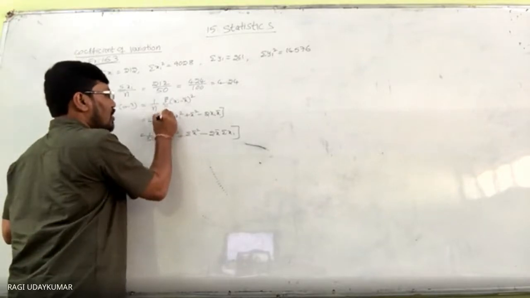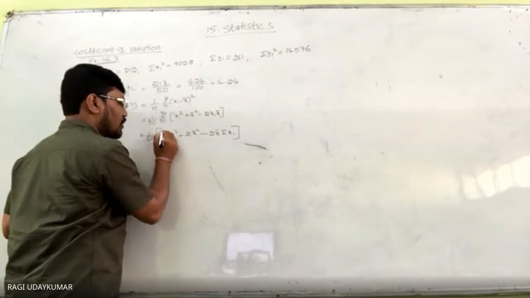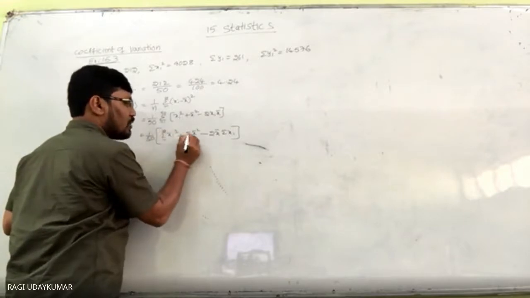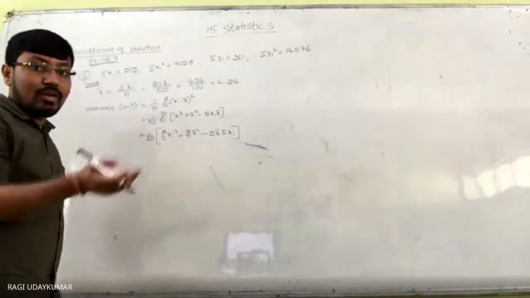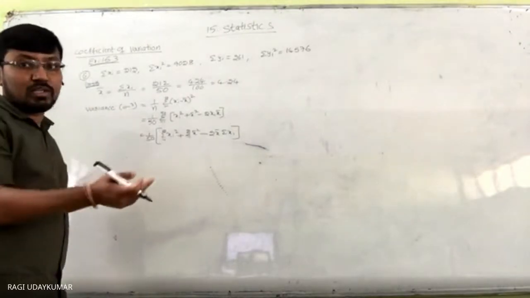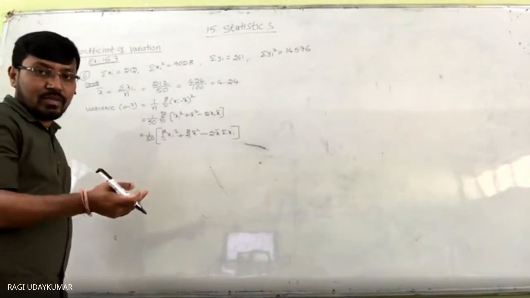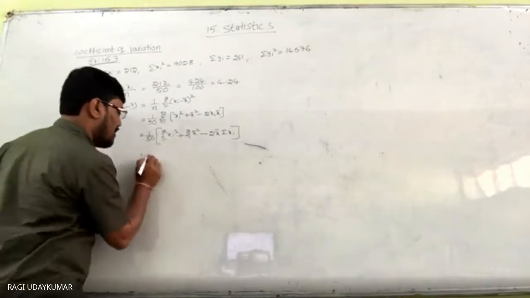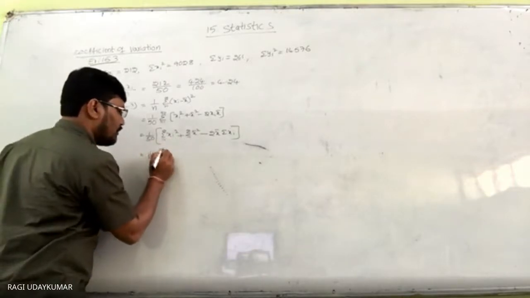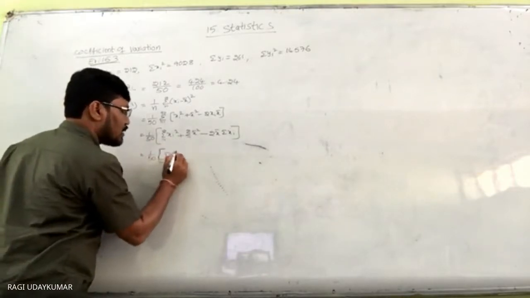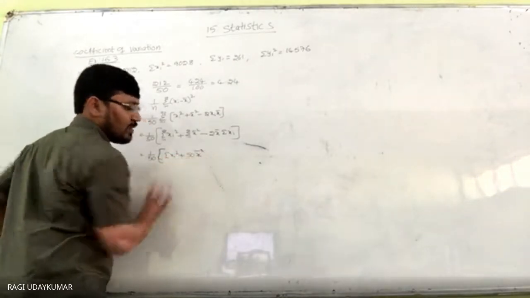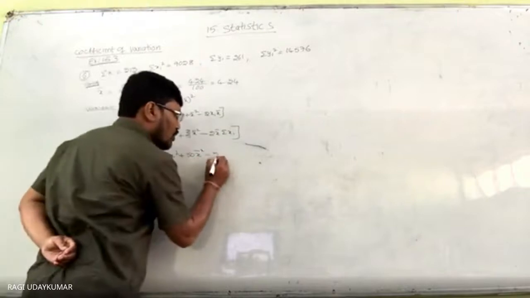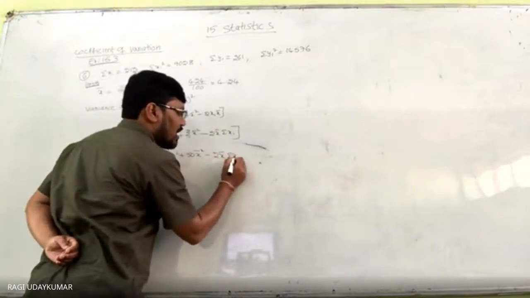So you get 50 into x bar square. This can be written as 1 by 50 into sigma xi square plus 50 into x bar square minus 2 x bar into sigma xi.